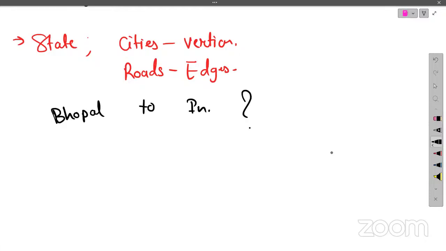Can we answer this one? What we will do is formulate this particular situation in terms of a graph, and there we ask the question: is there a path from the vertex which denotes the Bhopal city to the vertex which denotes the Indore city? So finding a path can give us a solution to so many real-life problems. Or for example, I'll give you another problem.